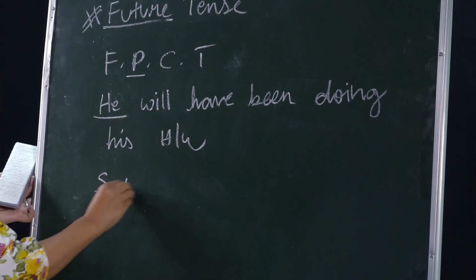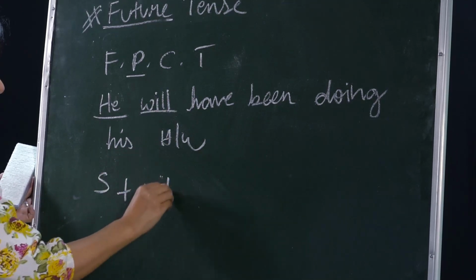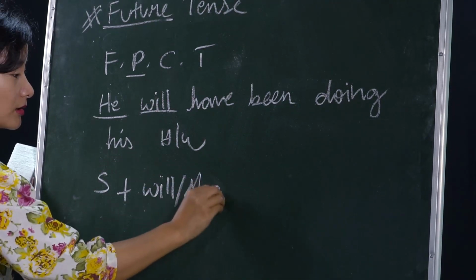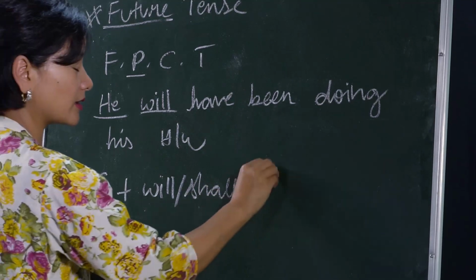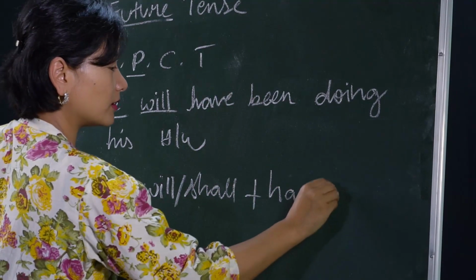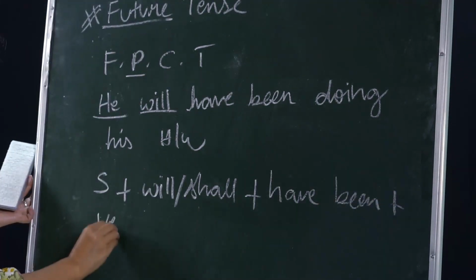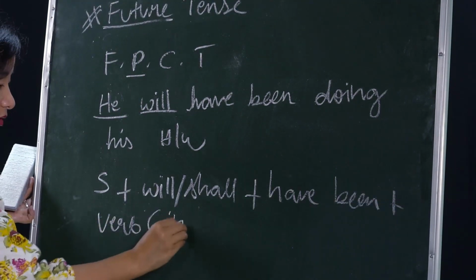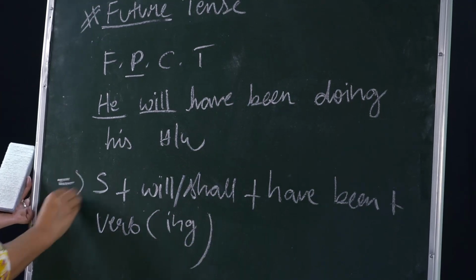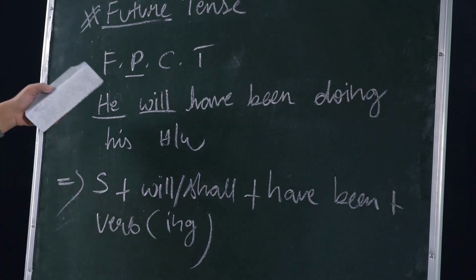Subject plus will or shall, remember? So will or shall plus have, or you can just simply put it have been here, plus verb in the ing form. So that gives us the structure of a future perfect continuous tense.